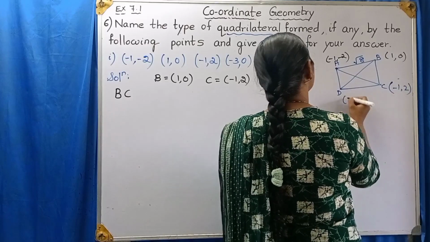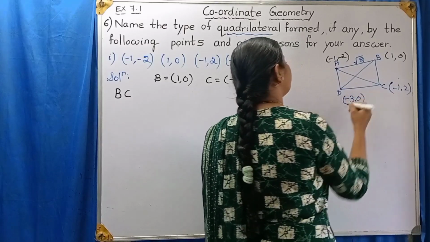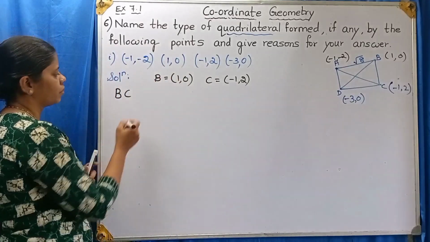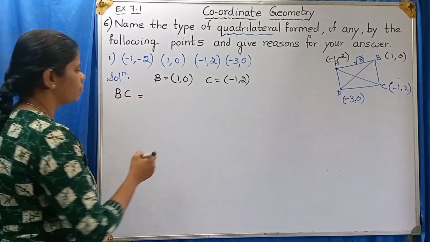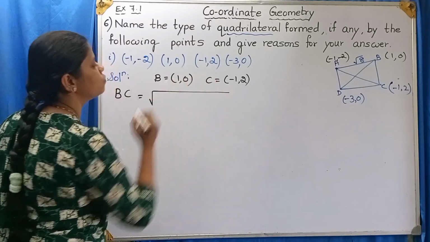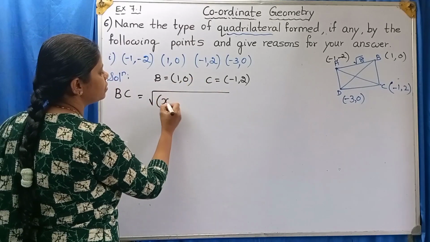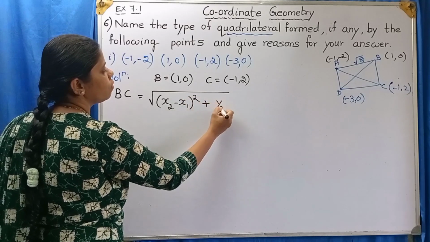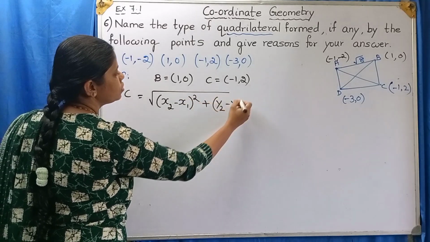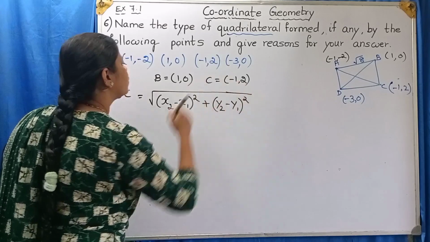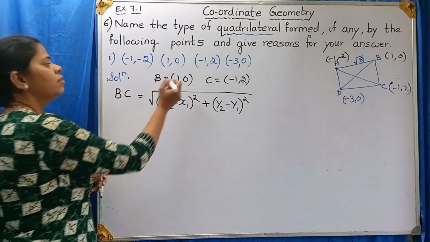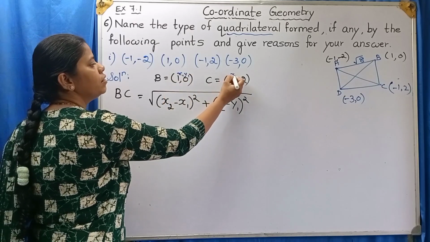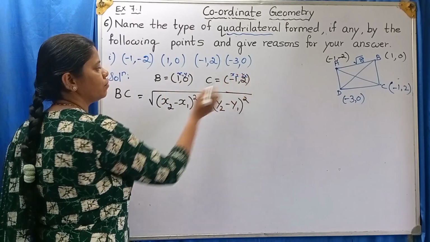And the D is minus 3, 0. BC is equal to, let us write the distance formula. That is x2 minus x1 the whole square plus y2 minus y1 the whole square. See here, this is our x1, this is our y1, this is our x2 and this is our y2, right?